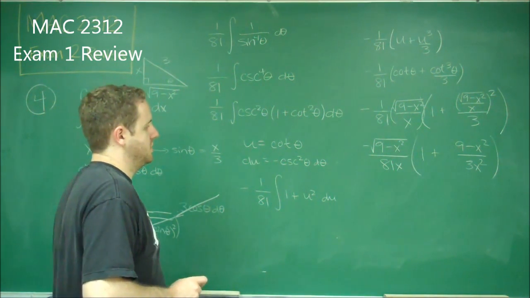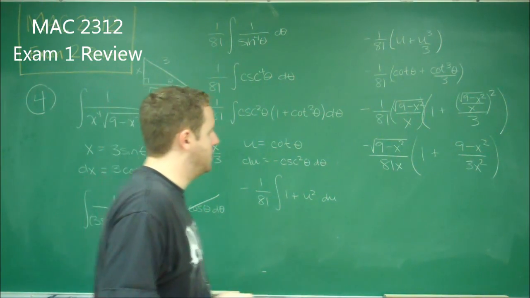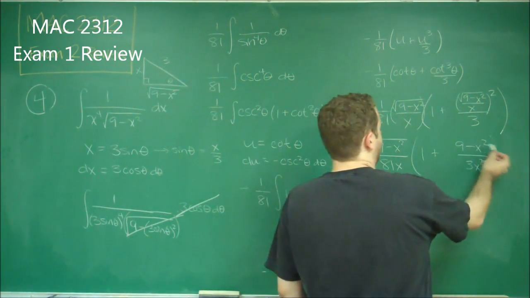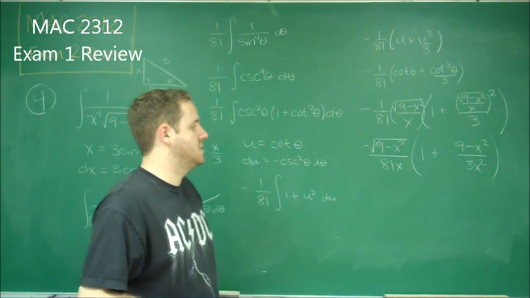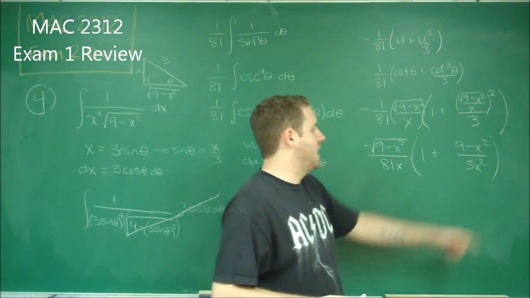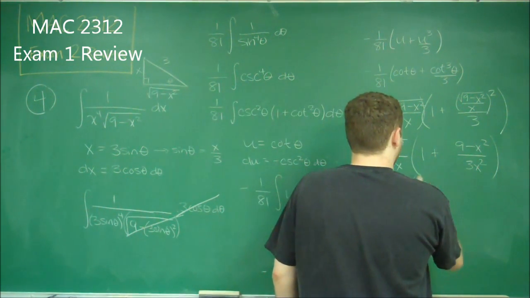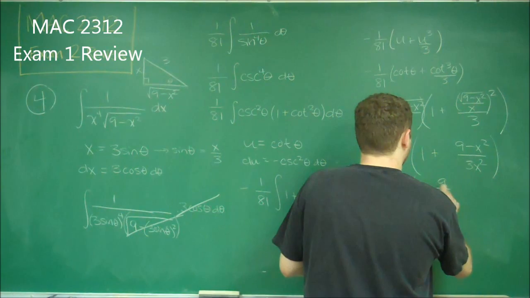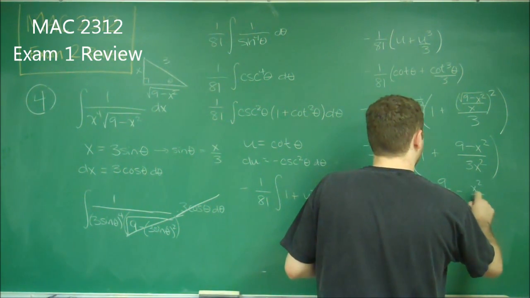Let's see what else we could do. So since it's 9 minus x squared over a single term, we can split that into 2 fractions, and the reason we might want to do that is that the x squareds will cancel out in the second term. So we're going to get 1 plus 9 over 3x squared minus x squared over 3x squared.